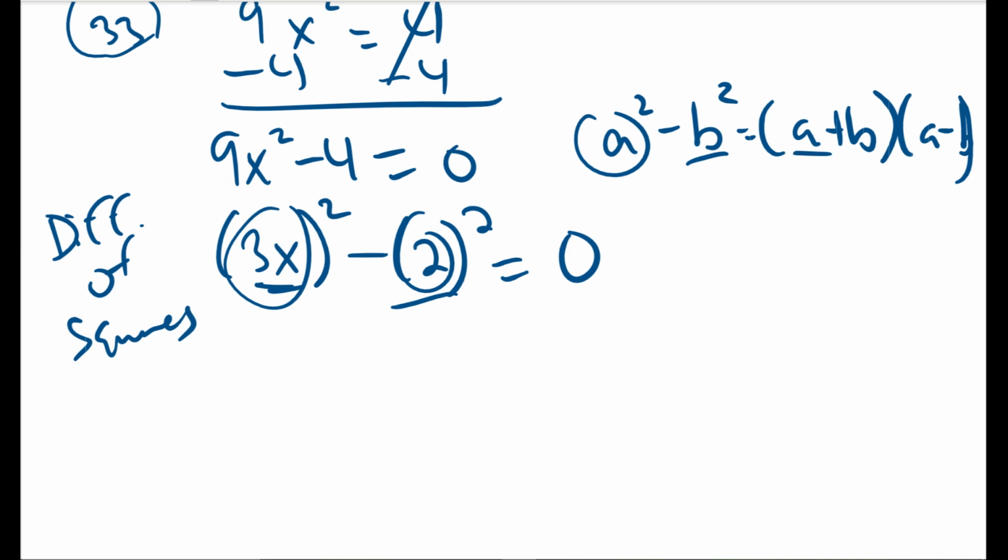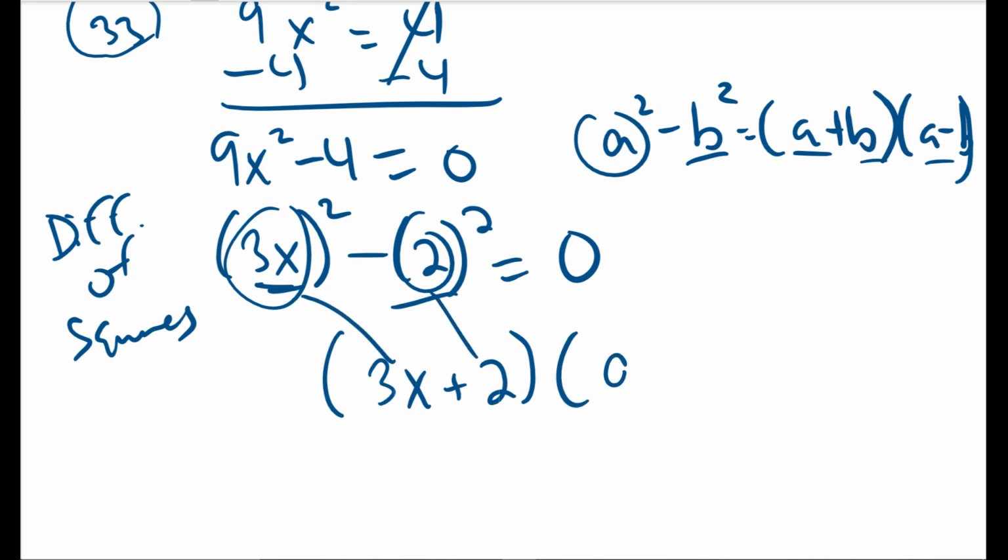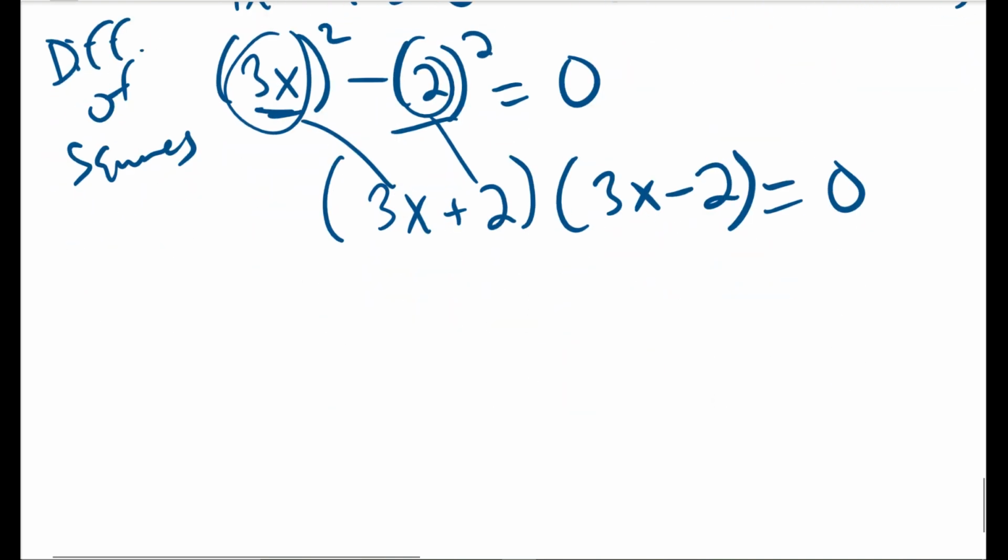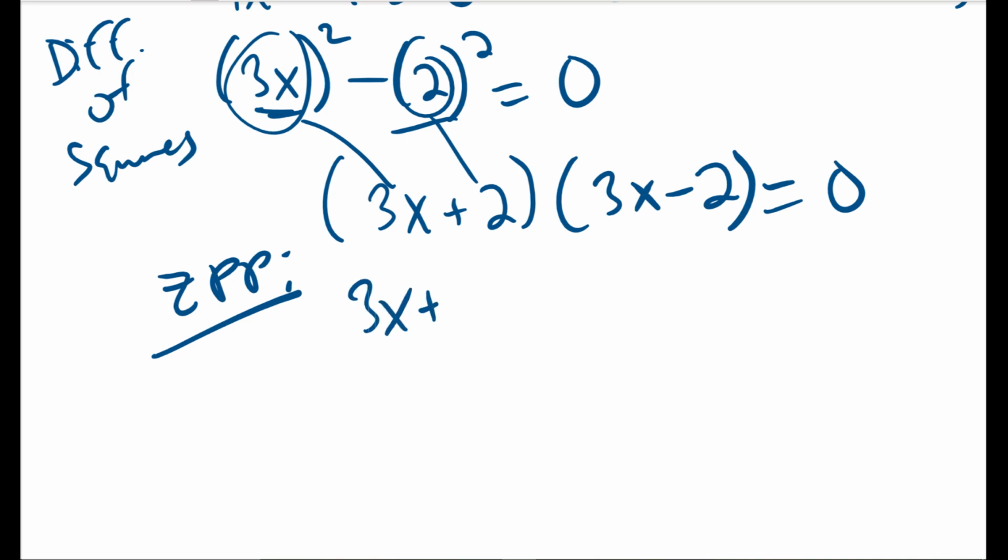So we're going to plug it into these. So we have a plus b, a minus b. Set that equal to 0 and solve, using the zero product property. Subtract 2 on both sides.